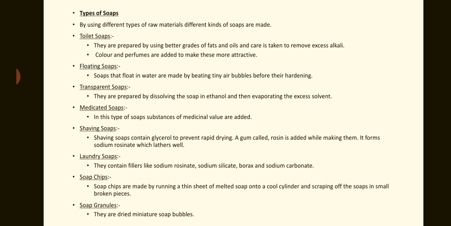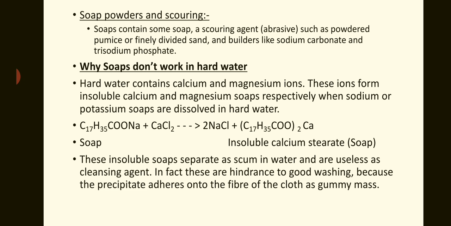Soap and soap chips. Soap chips are made by running a thin sheet of melted soap on a cool cylinder and scraping off the soap in small broken pieces. Paper soap. Soap granules are dried miniature bubbles. Now soap powder and scouring soaps contain some soap, a scouring agent, an abrasive.